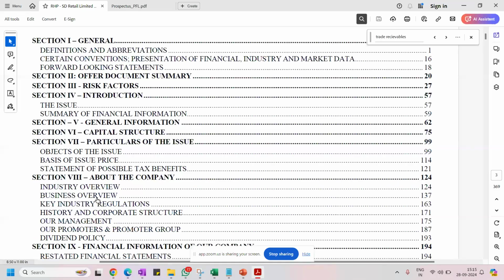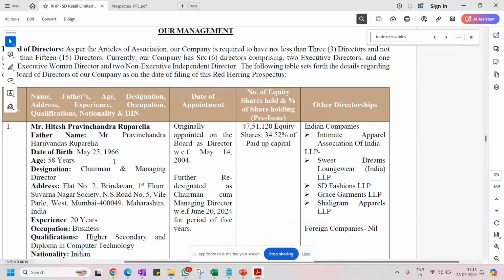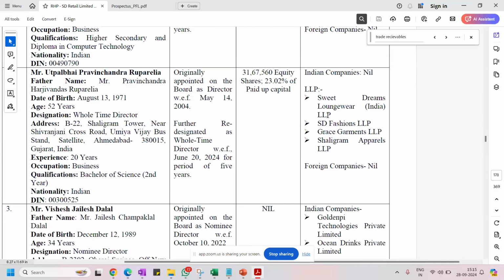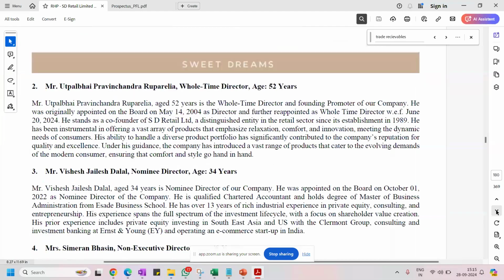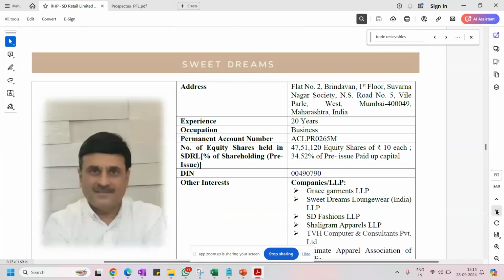If you want to learn about the promoter, you can see over here in the IPO RHP, our management, our promoters. In our management, you'll see all the directors, and whether they hold any other directorships in various other companies. And if you go down, you'll see the promoter related information.